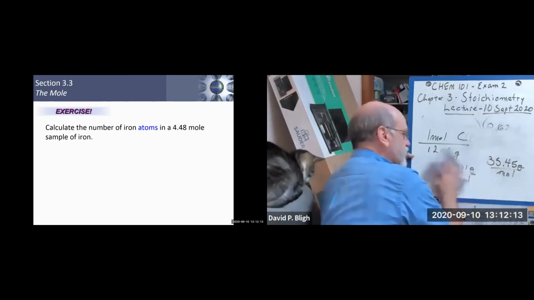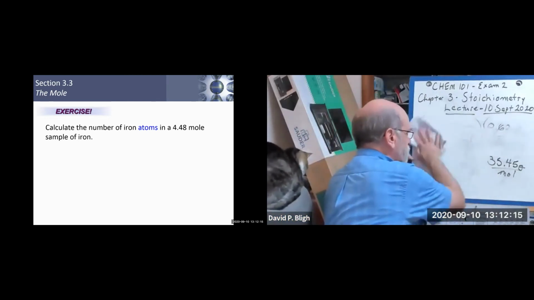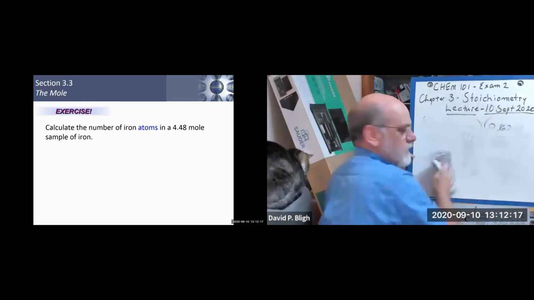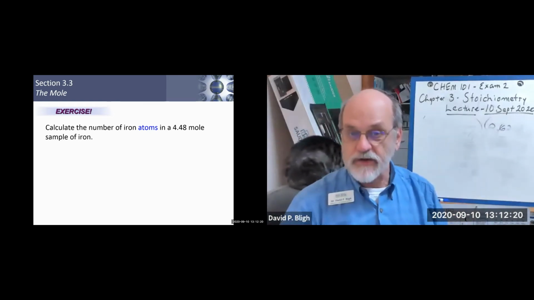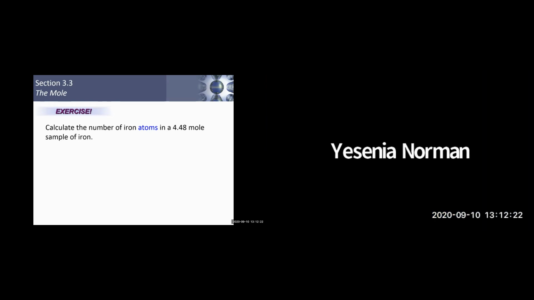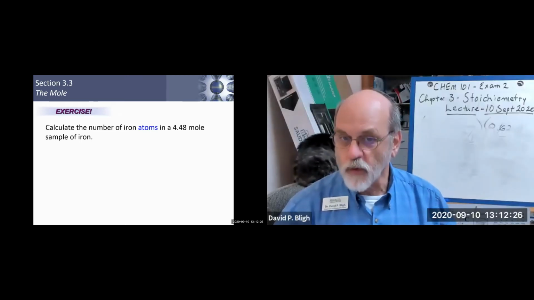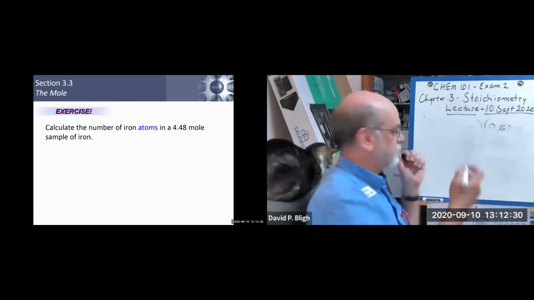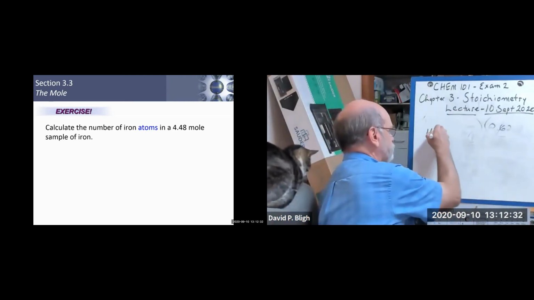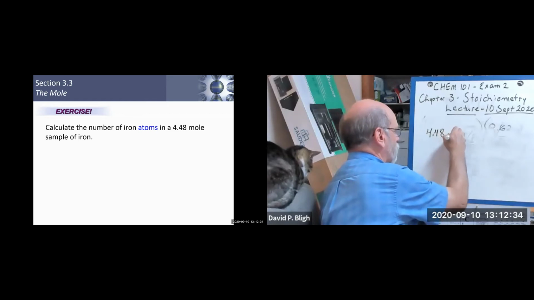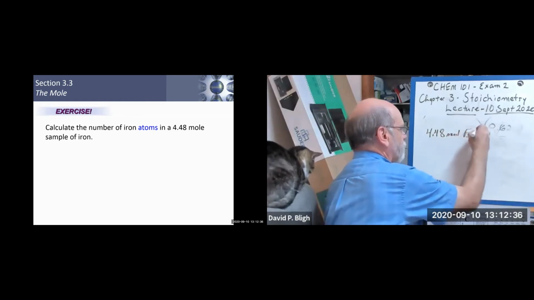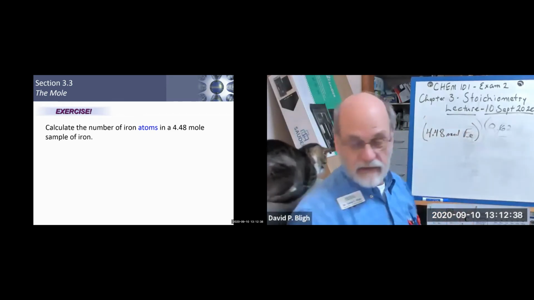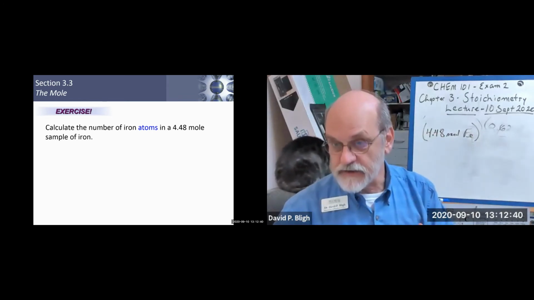Okay, so now let's use it. Let's use this new information to answer a question. How many iron atoms are contained in 4.48 moles of iron? All right, this is dimensional analysis.